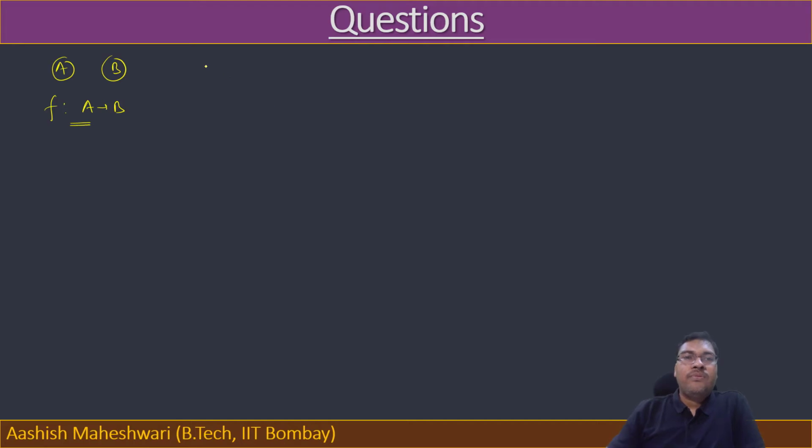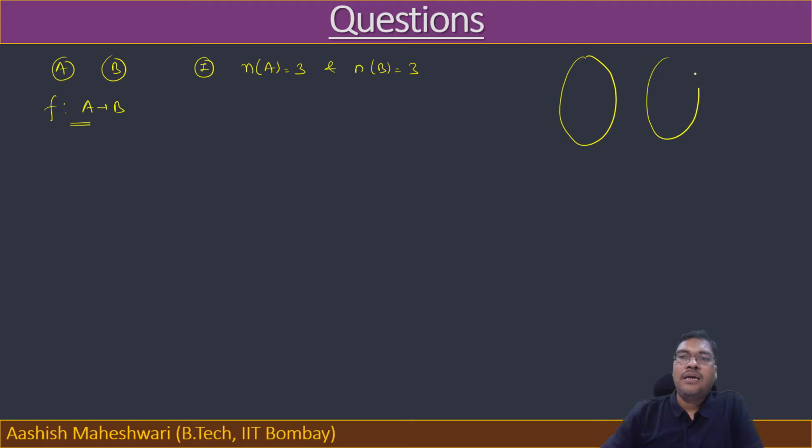Okay. So now let's say the first case is you have number of elements in set A is equal to, let's say, 3, and number of elements in set B, this is also equal to 3. That means the number of elements in both the set A and B are same.